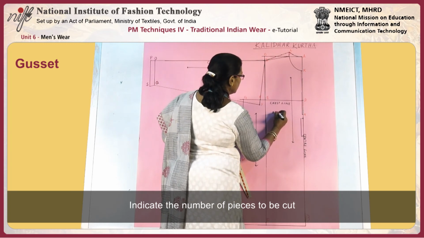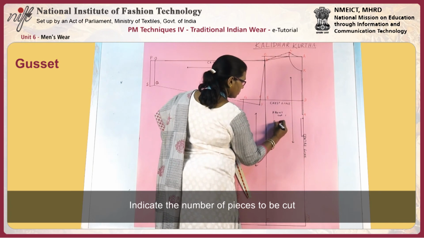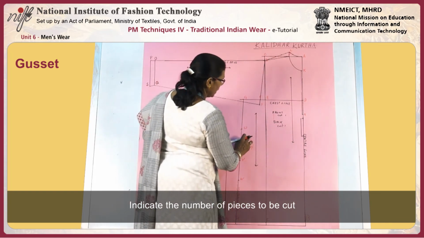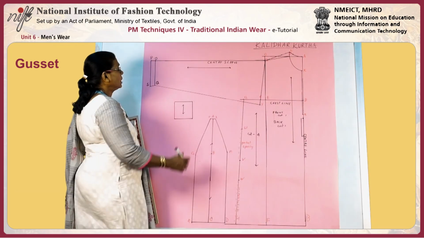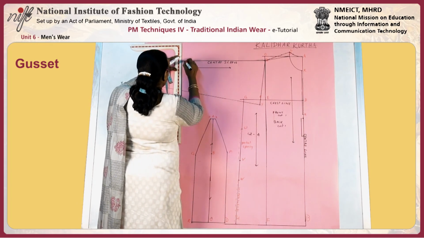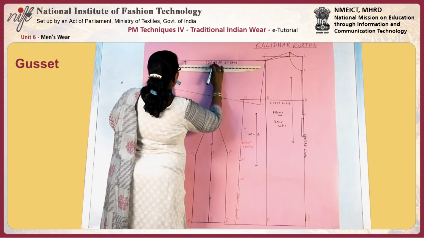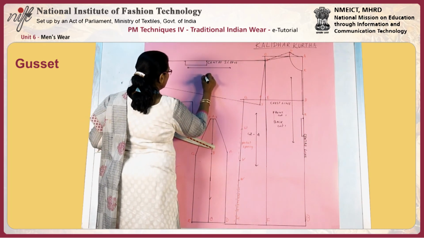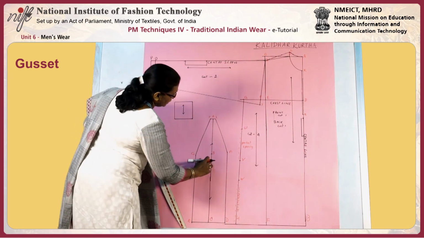Front cut 1 and the back cut 1. Side panel cut 4. Sleeve piece, the center sleeve should be on fold, and sleeve should be cut 2. And this is the pocket bag.